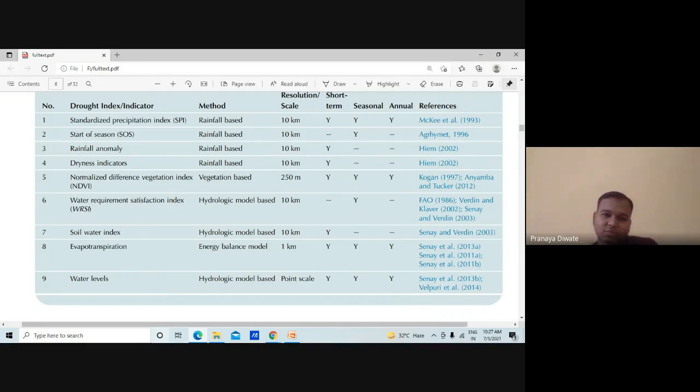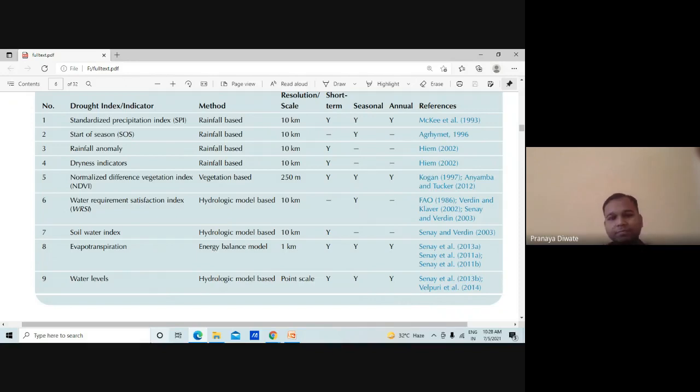The first one is the Standardized Precipitation Index. The Standardized Precipitation Index is mostly based on precipitation, meaning rainfall-based data: whatever the rainfall of a particular region over a long time frame, different states or countries have different precipitation indexes.